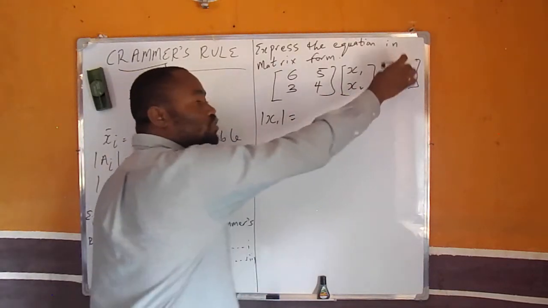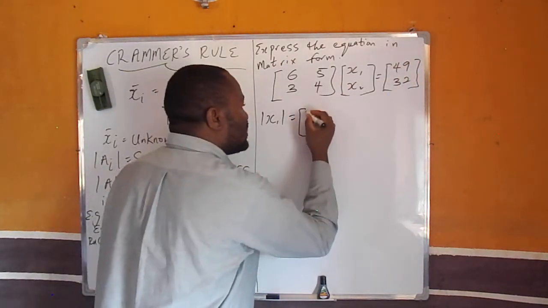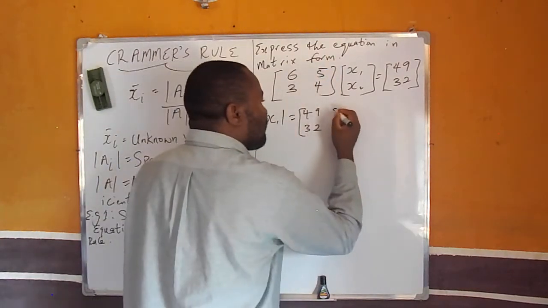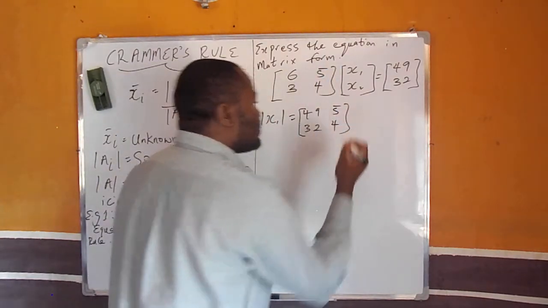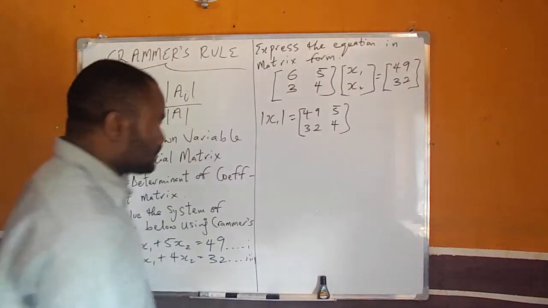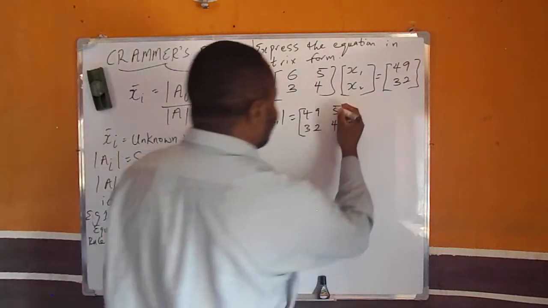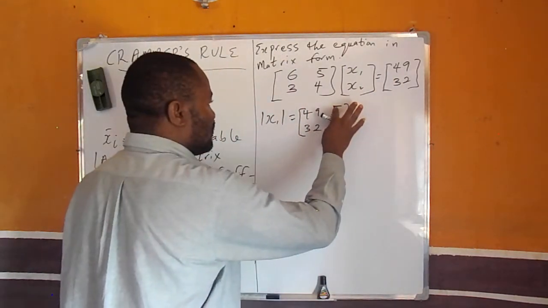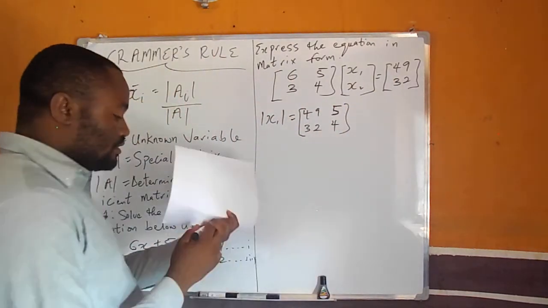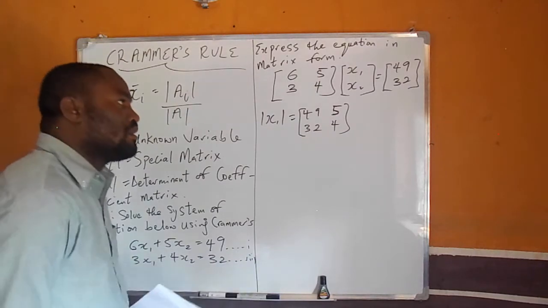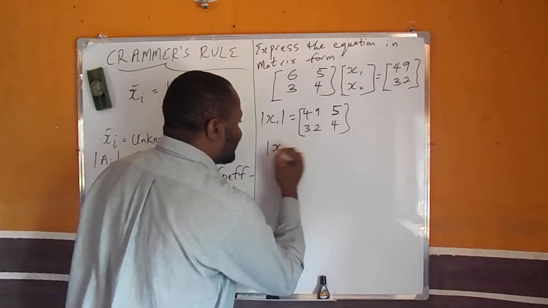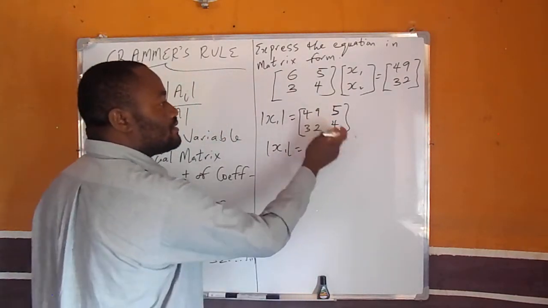We use the equals figures, which are 49 and 32, then we use 5 and 4, which represent x2.